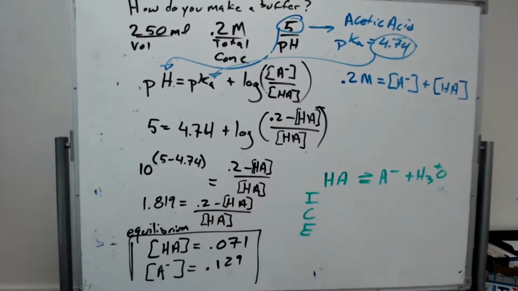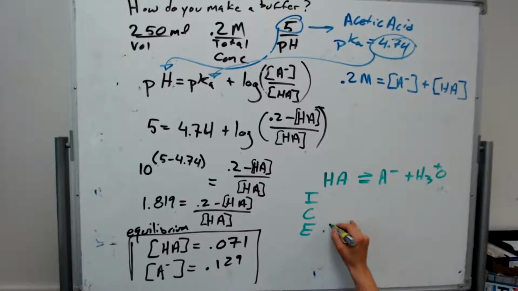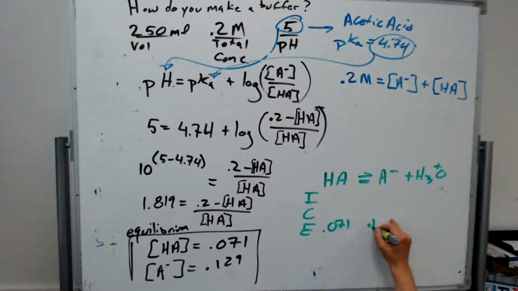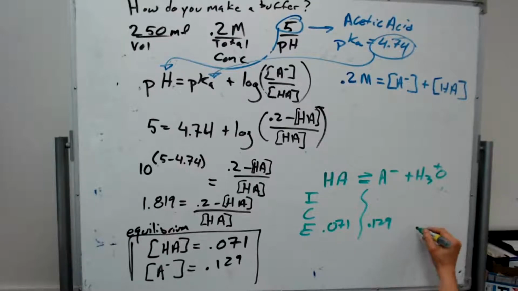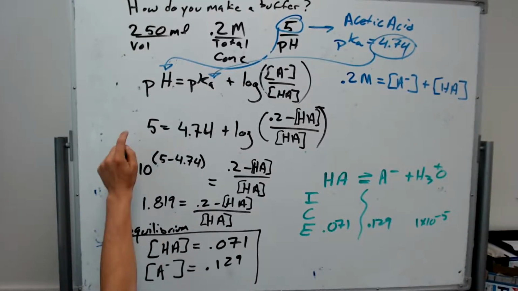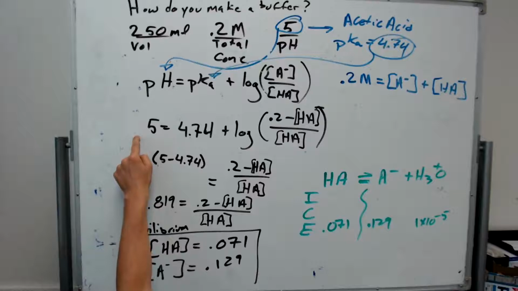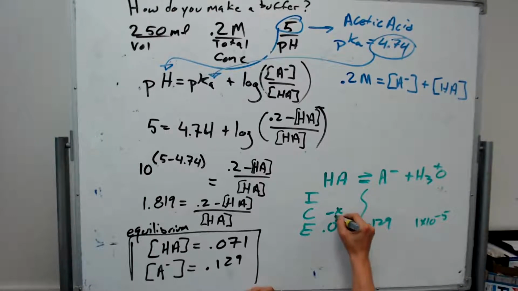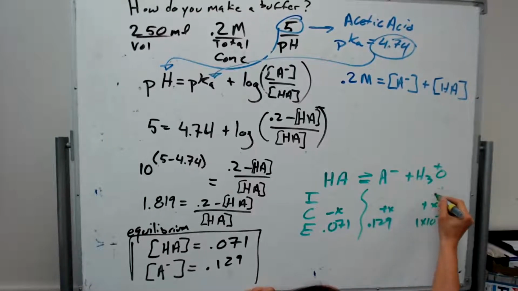We know the equilibrium values are going to be 0.071, 0.129, and 1 times 10 to the minus 5, right? Because a pH of 5 would be 1 times 10 to the minus 5. I'm going to have minus x, plus x, plus x. I'm going to have 0.